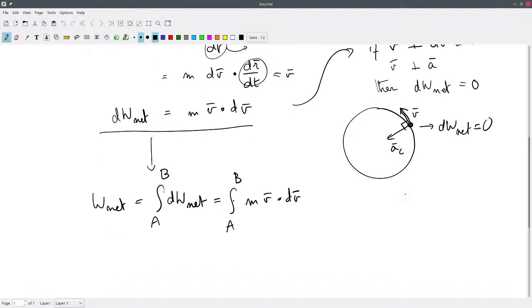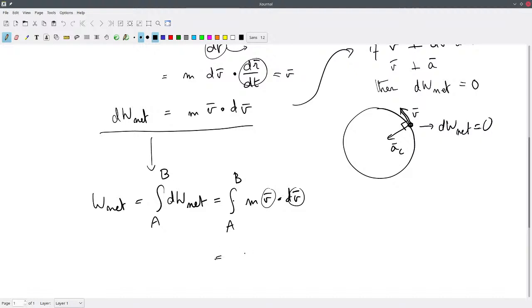And again, we're going to do something that physicists like to do, which is we're going to think of these v's, even though they're multiplied in a dot product, as single numbers, not as vector quantities.